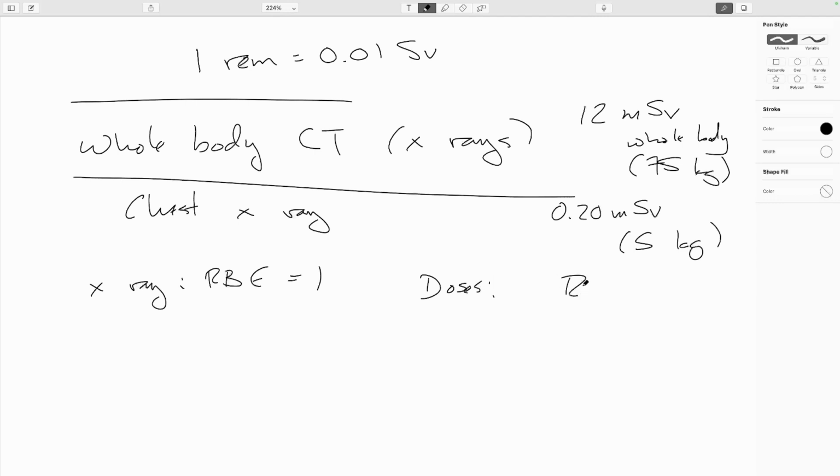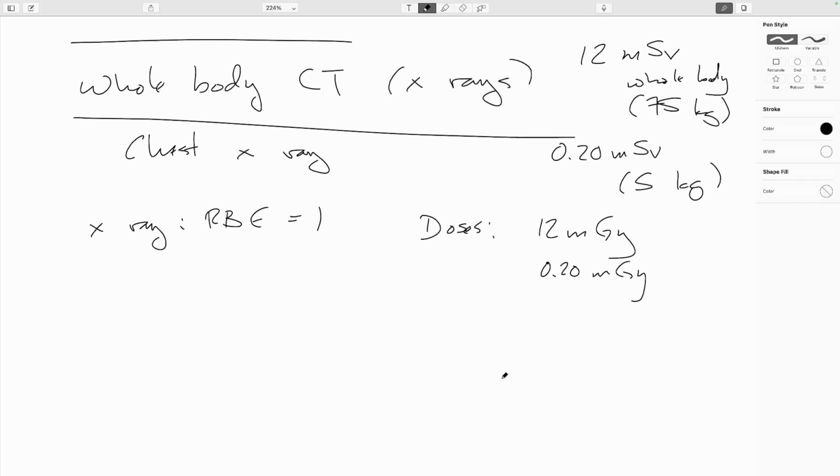So our doses will be 12 milligray and 0.20 milligray. That works out to be 0.012, and a gray is a joule per kilogram, and 0.0002, and again, a gray is a joule per kilogram.